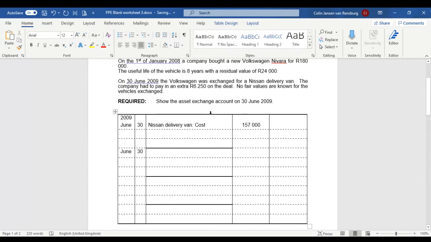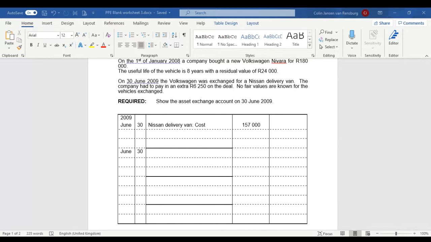Okay, now the derecognition process, ladies and gents. We know we must go and get rid of any balance that relates to that old asset. How many accounts do we have with balances that relate to the carrying amount of that old asset? How many accounts do we have that combine to give us the carrying amount?